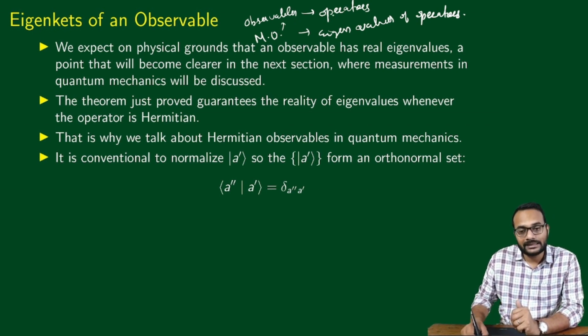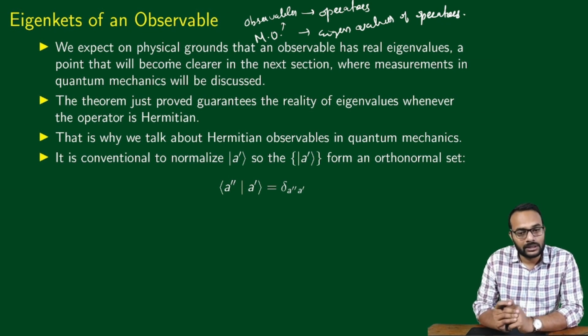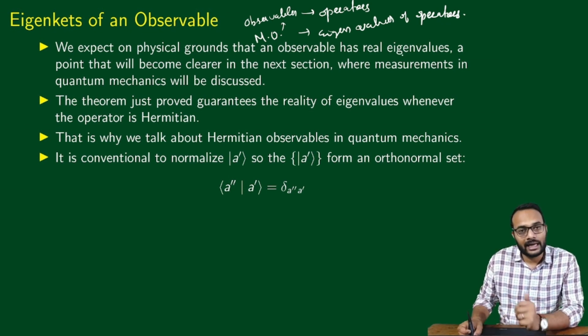This means that the eigenvalues of the operators that we choose must also be real. Only then will this scheme mathematically work. So it's important for our scheme to work that the observable has real eigenvalues. This means that we cannot choose any operator to represent an observable.